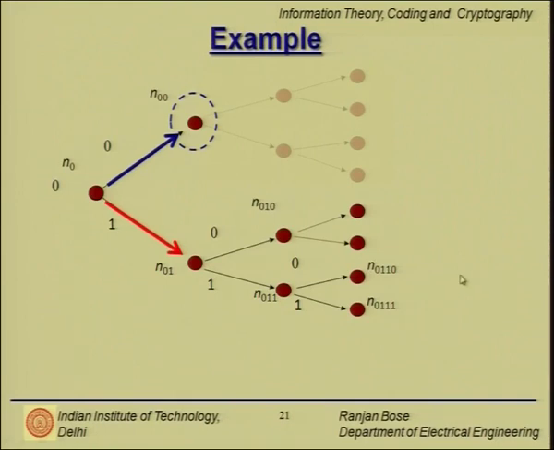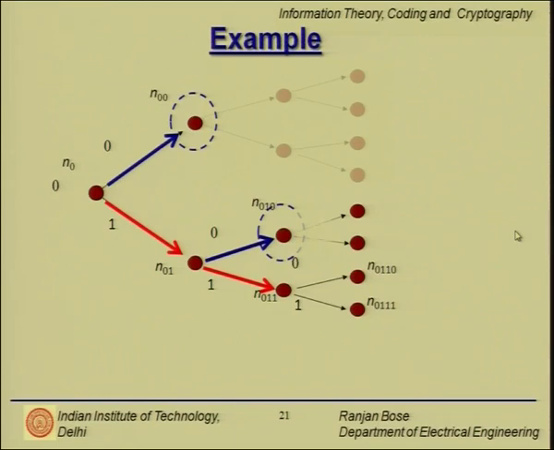So, we proceed further, because of the 4 code words we want, we have only found one. We proceed to the next level and we declare another valid code word as belonging to the node n 0 1 0. Once we declare it, the prefix condition requires us to declare any of the daughter nodes from this point onwards invalid.